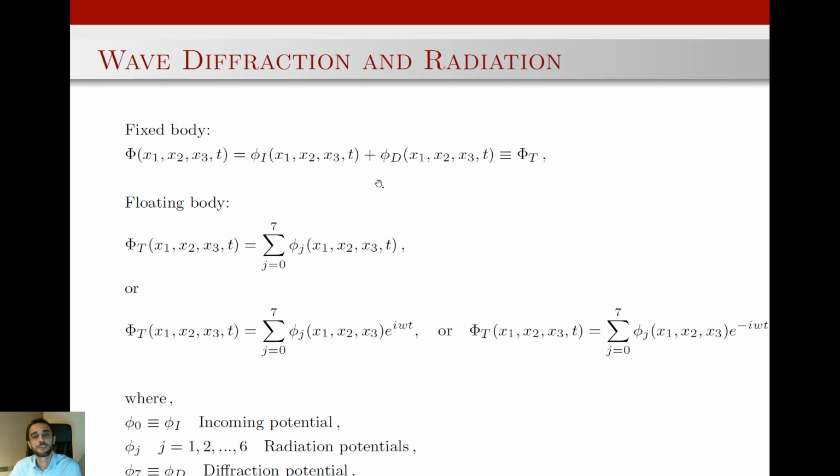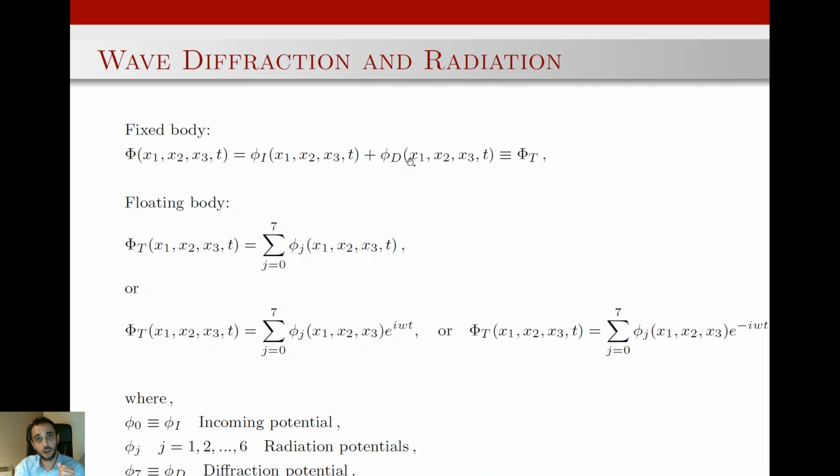That is, we split the velocity potential into the case when there is no object, or when the object is transparent, which would be phi I, the incoming waves, and the potential due to the presence of the object, which modifies the field. The object is fixed, and that is the diffraction potential.